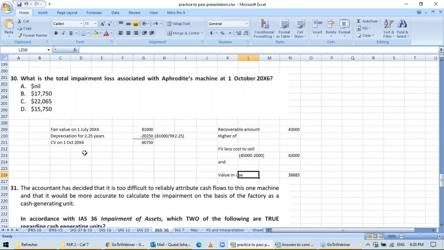Right? So now let's compare with 60,750. The fair value less cost to sell is 43,000. Now the carrying value is higher, so you have to record an impairment loss to arrive at the carrying value after impairment.